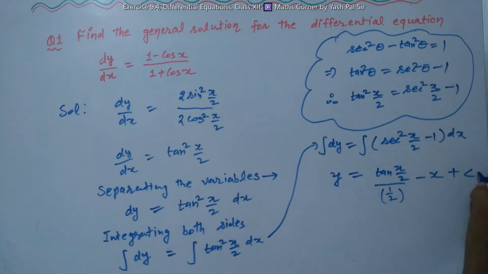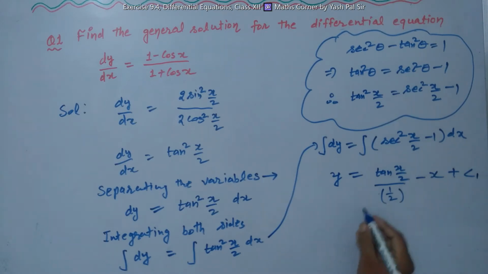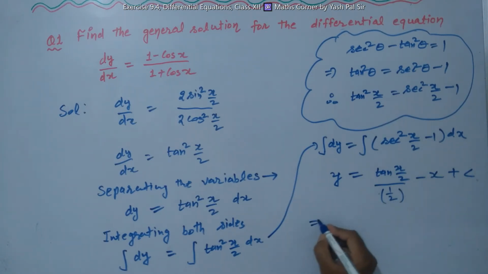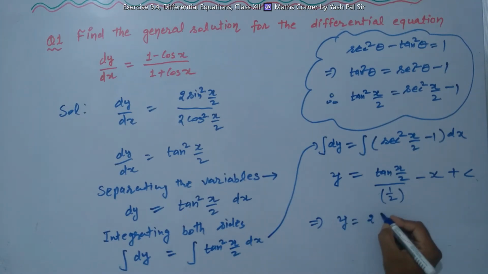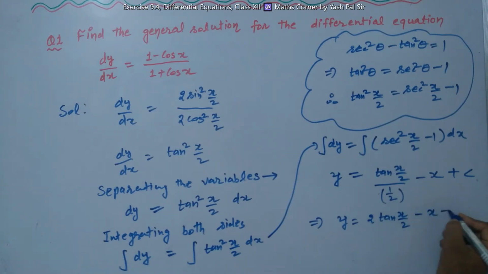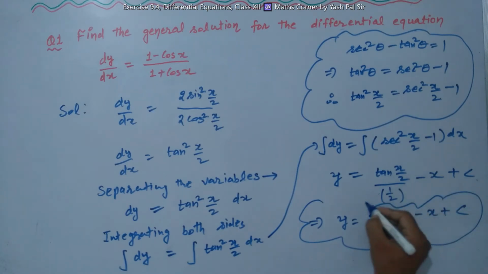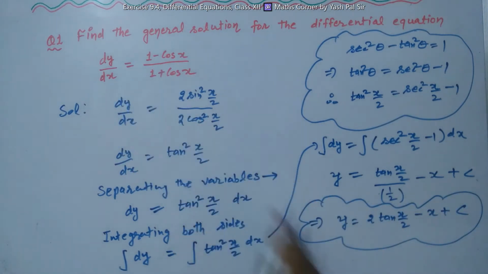Suppose this is c1, or c. This way we have y is equal to 2 times tangent of x upon 2 minus x plus c. So this is the general solution of the given differential equation.